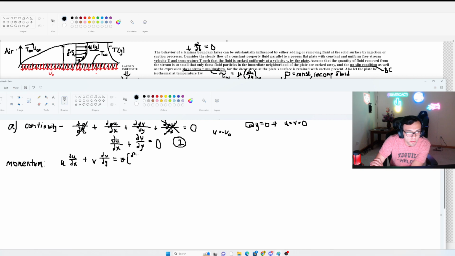Partial squared of u over partial y squared at w, which is y equals 0. And so this could be rewritten, since this is equal to v sub o, with minus v sub o. So that's big. And this could be canceled out. I might as well just do that now. So this u is going to be equal to 0.